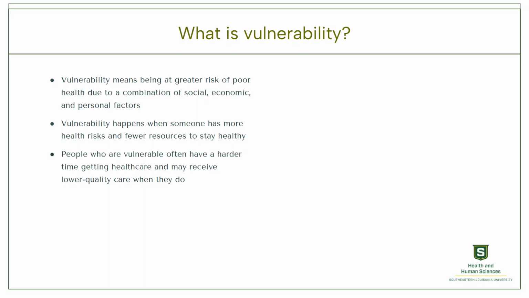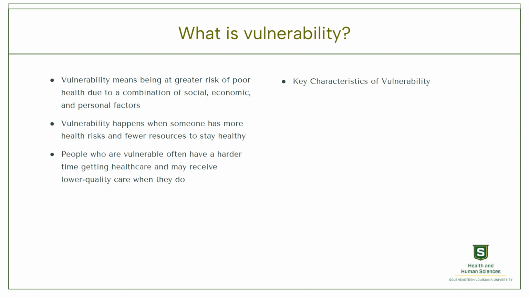People in the vulnerable population often have a harder time getting health care, or when they do receive health care, the care they receive is generally of lower quality than other people.